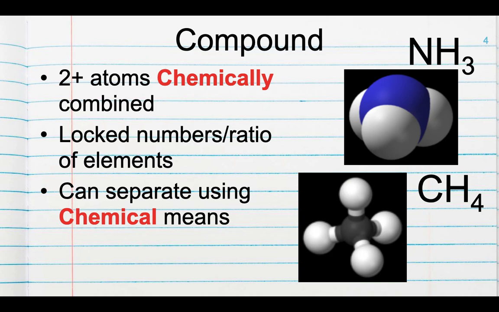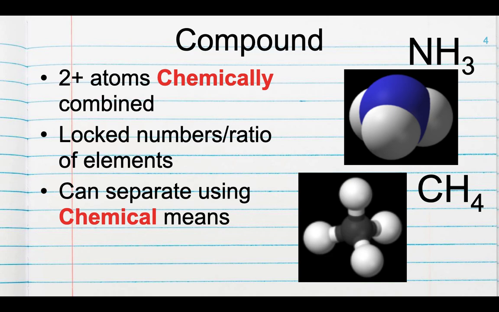Moving into compounds. Compounds are two or more atoms that are chemically combined together. So compounds are chemical combinations. There is a locked number, or set ratio, of elements. They can be separated chemically.